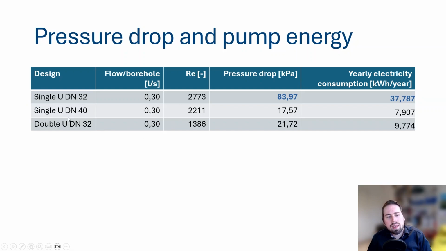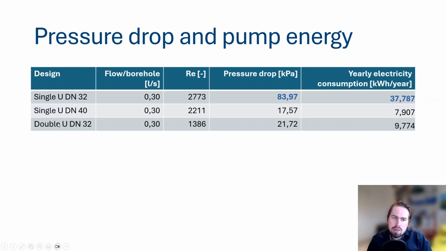Now, in case you have a single DN40, you will also have the same mass flow rate. We have now a laminar Reynolds number, and you see that the pressure drop is immediately significantly lower, and so is your electricity consumption over the years.